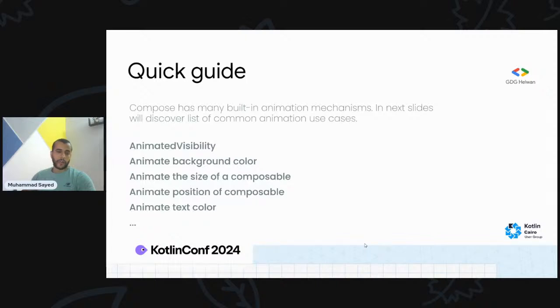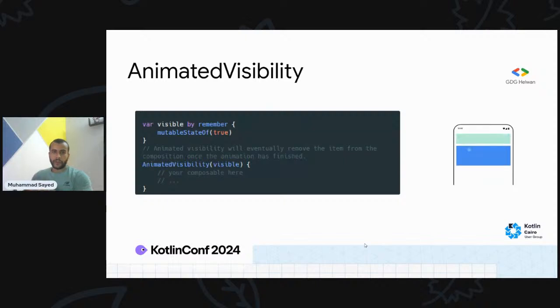Today we will talk about this set of functions: animated visibility, animate background color, animate the size of a composable, animate the position of a composable, and also animate text color. We'll go through them one by one. So let's start with animated visibility.